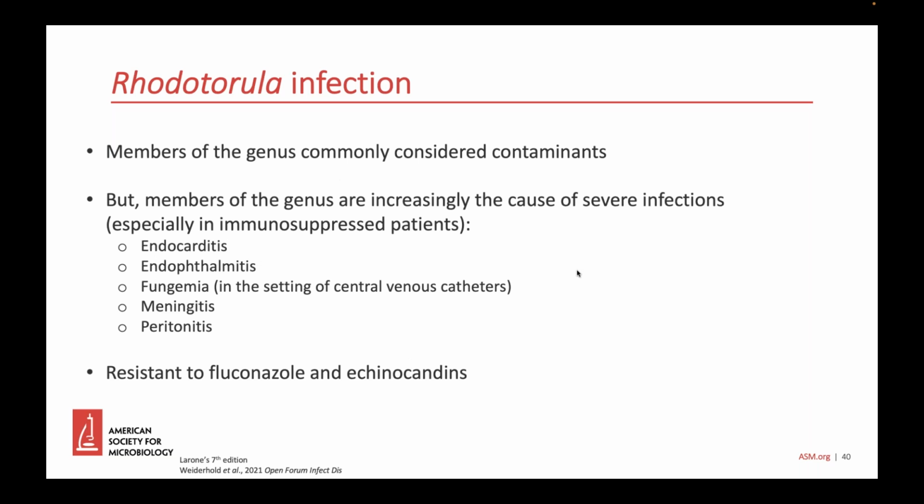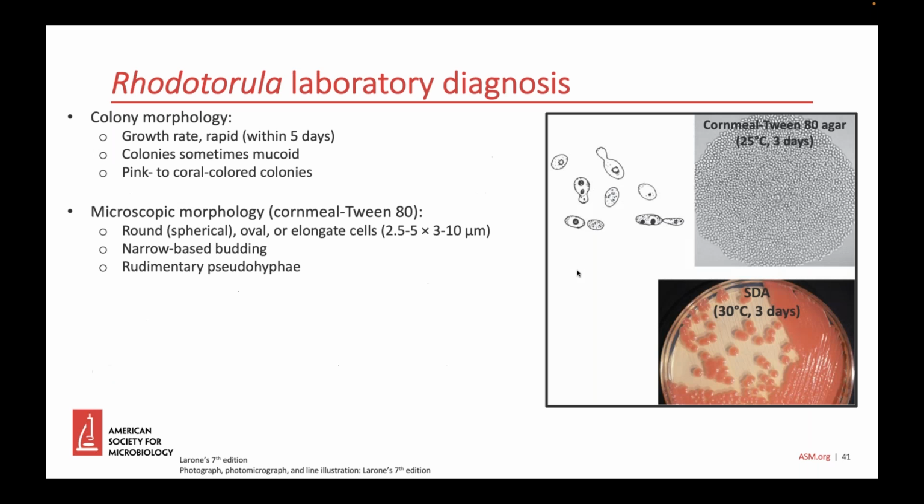Members of this genus are commonly considered contaminants, but they are increasingly being the cause of severe infections, particularly in immunosuppressed patients. So endocarditis, as with our patient, meningitis, peritonitis. And it's important to remember that this group of yeasts is intrinsically resistant to fluconazole and echinocandins.